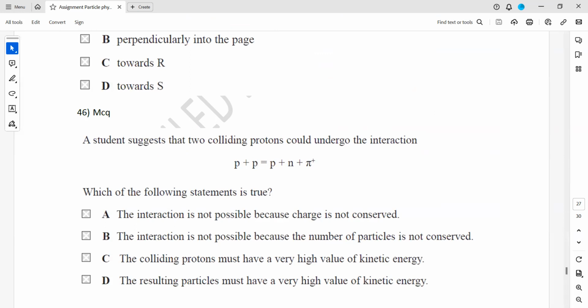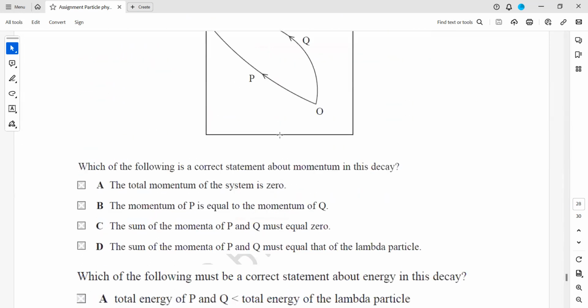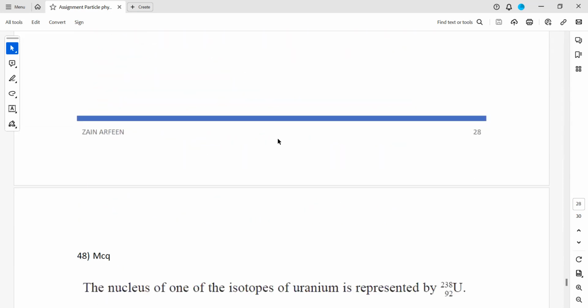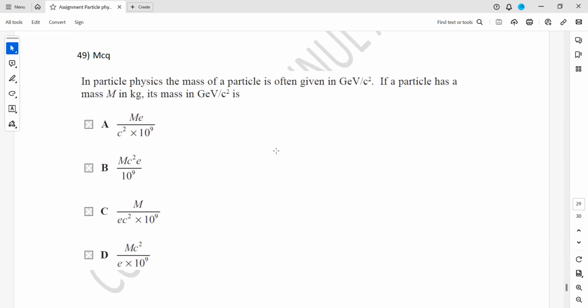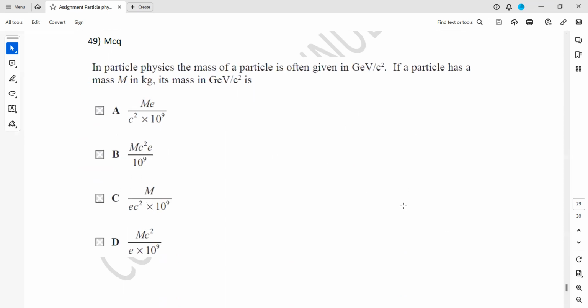So this was question 45. Then we have question 49. In particle physics, often the mass is given in giga electron volt per c squared.